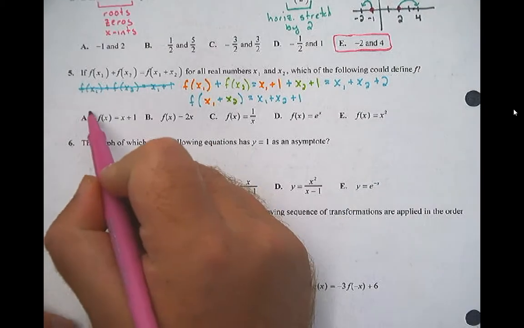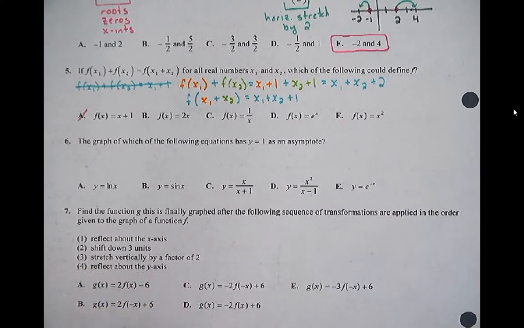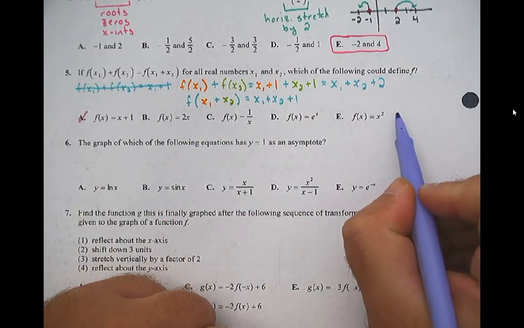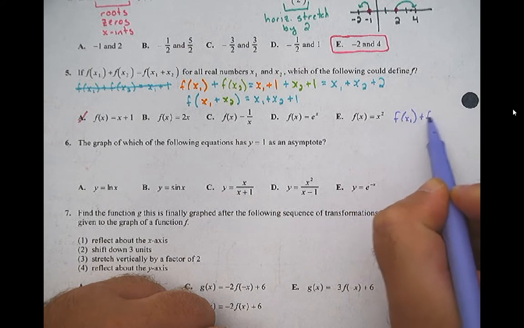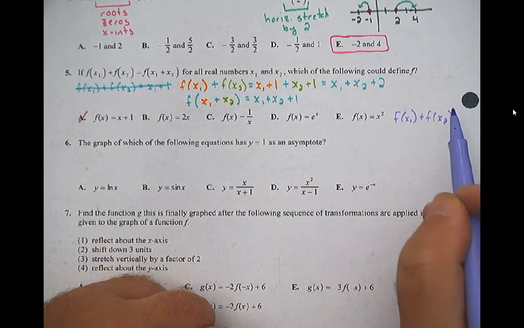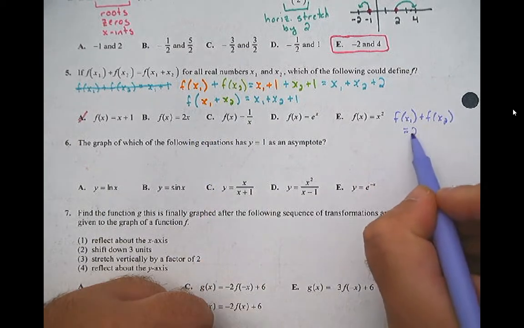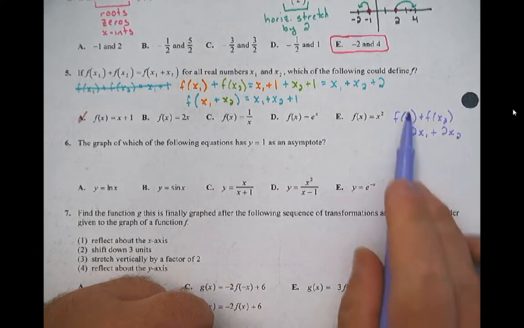Now let's try the same thing for part B. You try it, see how you do. Okay, so I'm trying to compare, hopefully you paused and gave this a whirl. Trying to compare f of x1 plus f of x2. So f of x1 plus f of x2, I already ran out of room, would be equal to 2x1 plus 2x2.